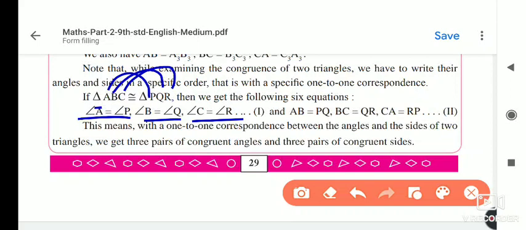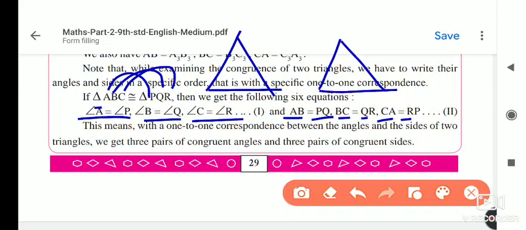And also their sides: AB is equal to PQ, BC is equal to QR, and CA is equal to RP. Suppose these are the two triangles and they are congruent to each other.